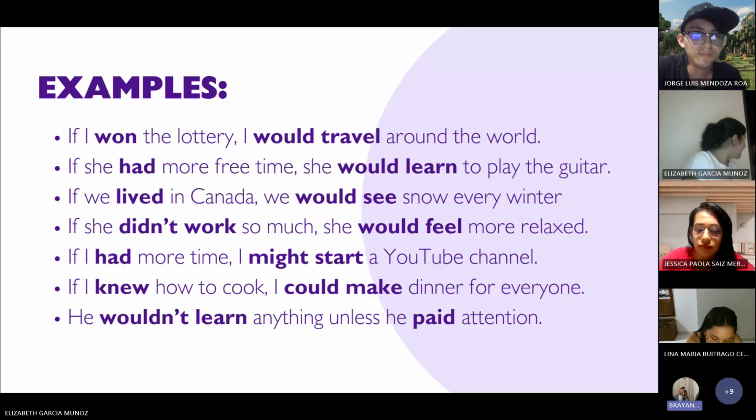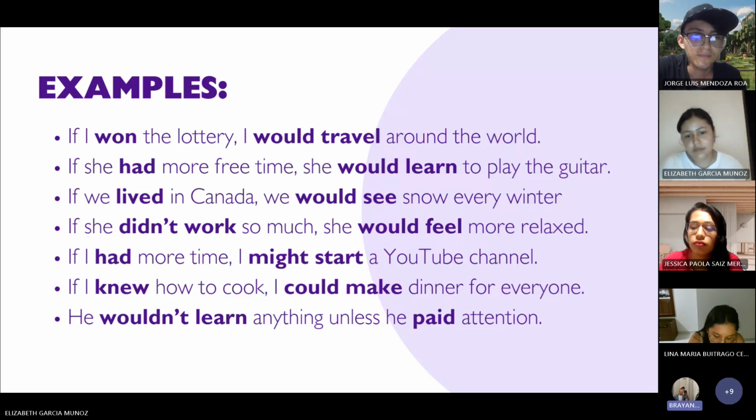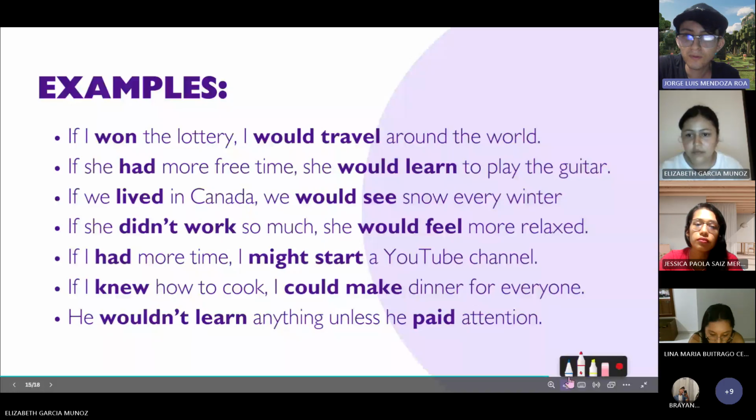If I won the lottery, I will travel around the world. Yeah, that's correct. Can you translate that in Spanish? Si yo me ganara la lotería, yo viajaría alrededor del mundo. Yeah, that's correct. Excellent.